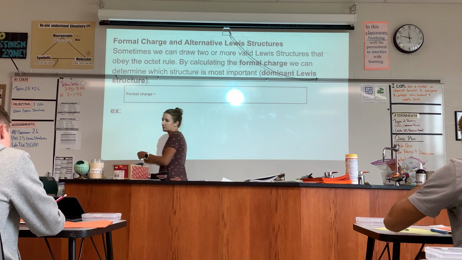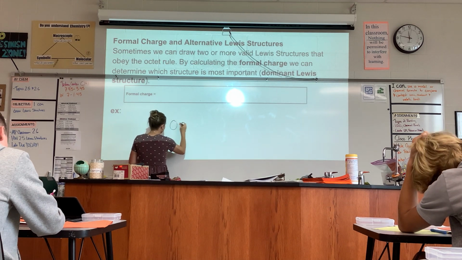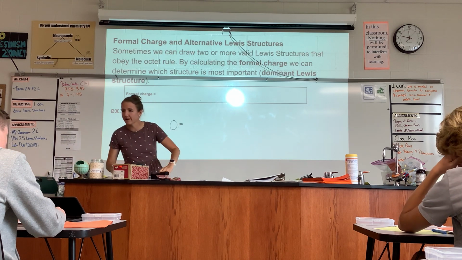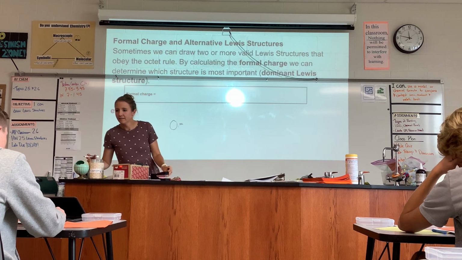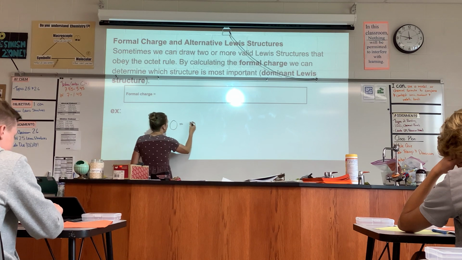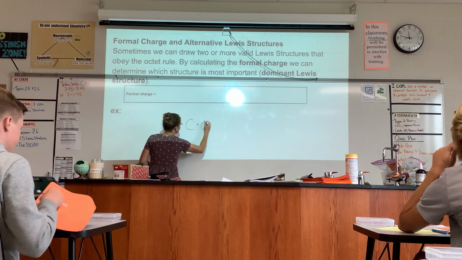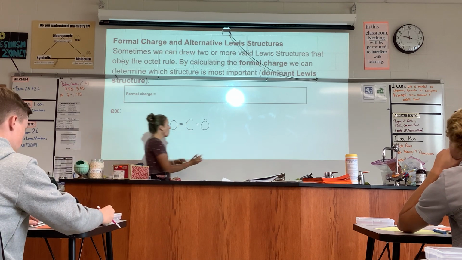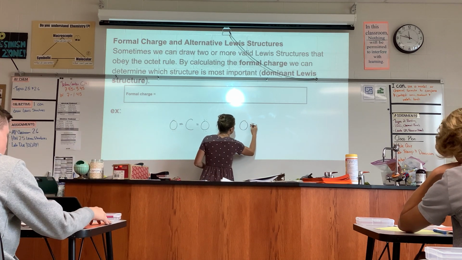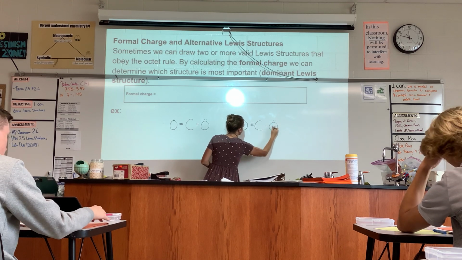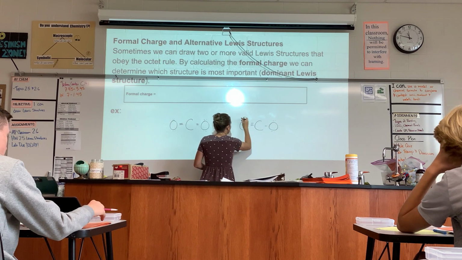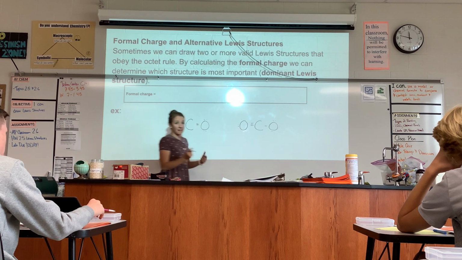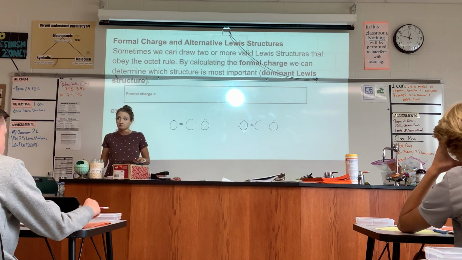So for example, this is on your paper. Carbon dioxide, isn't that right below it? Yeah. Okay, so you could draw carbon dioxide like this, and everybody's happy, 8, 8, 8. Or you could draw carbon dioxide like this, and technically everybody still has 8.